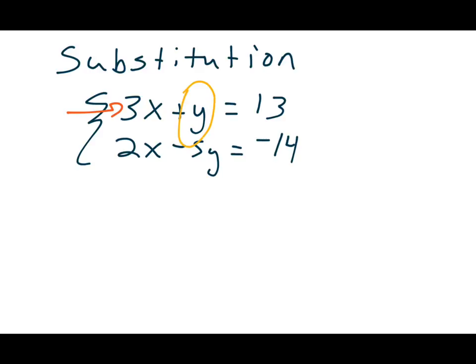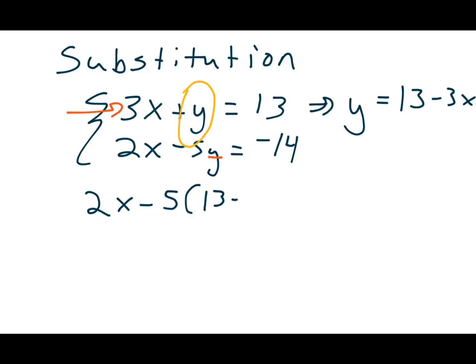So that gives me y equals 13 minus 3x. Okay, so if y equals that, then y has to equal that in the other equation as well. So I can substitute that in, and we have now got it down to one equation.